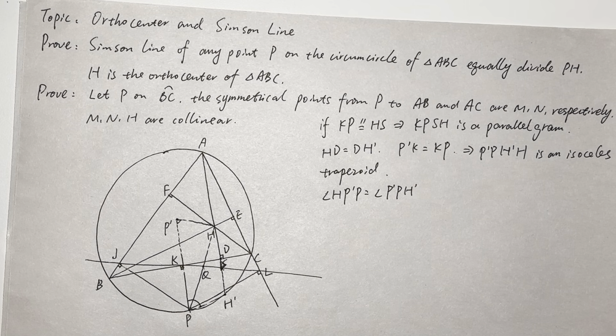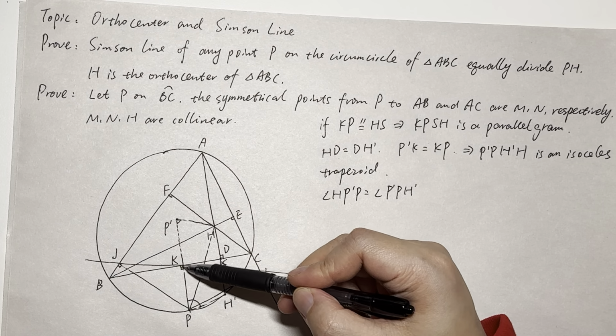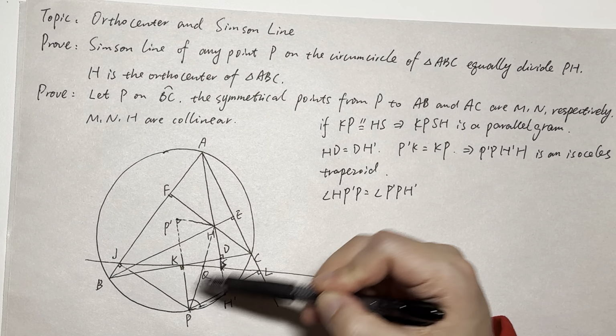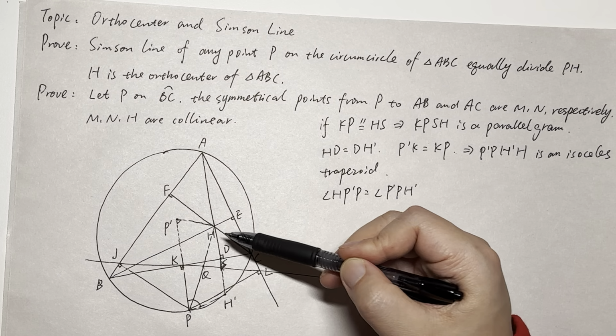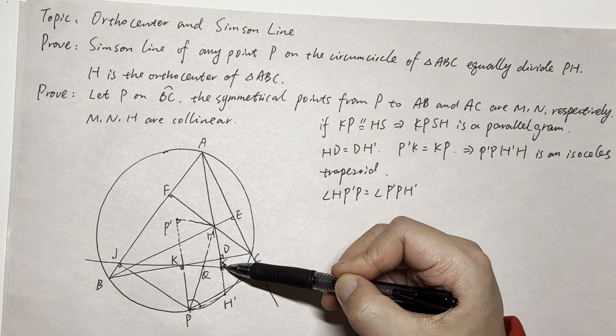Still remember our target is to prove that KP equals HS, right? And we already know that P prime K equals KP. So if we can prove that P prime K equals HS, then we just prove that KP equals HS, right? And look at here. We know that P prime K is parallel with HS.